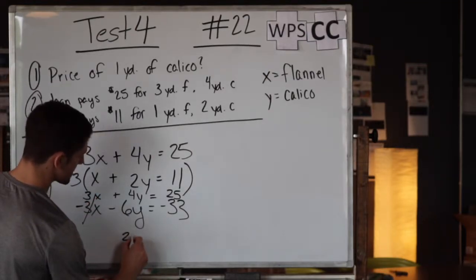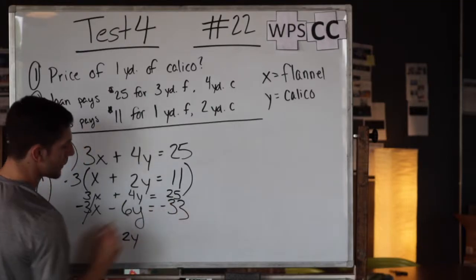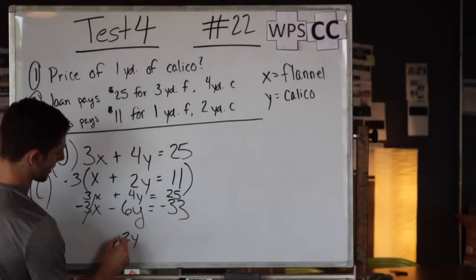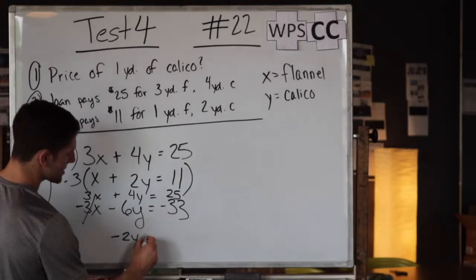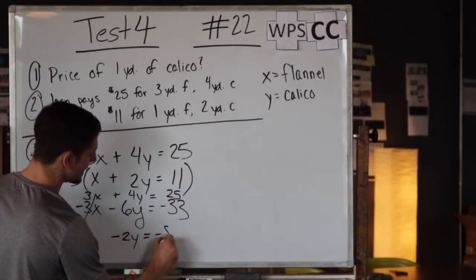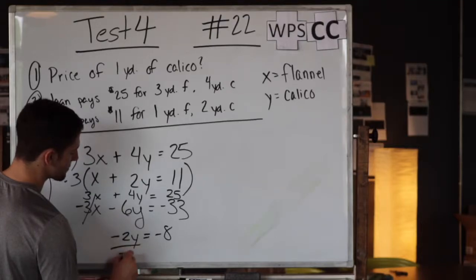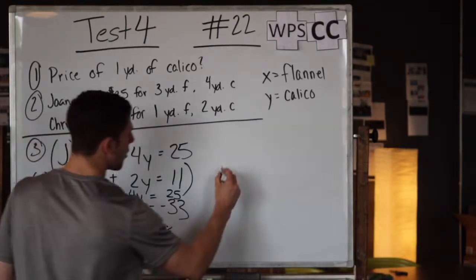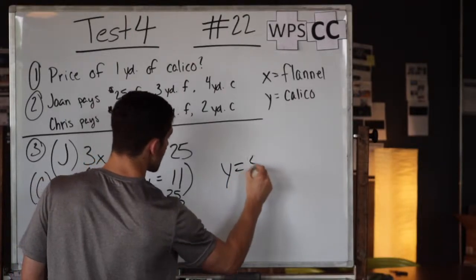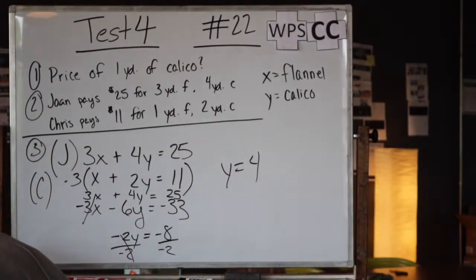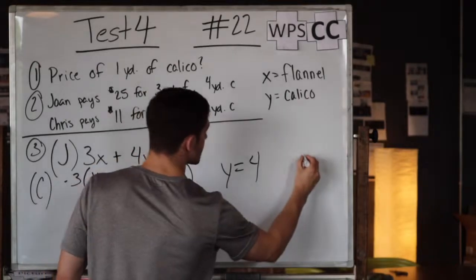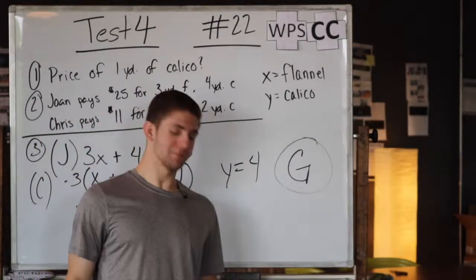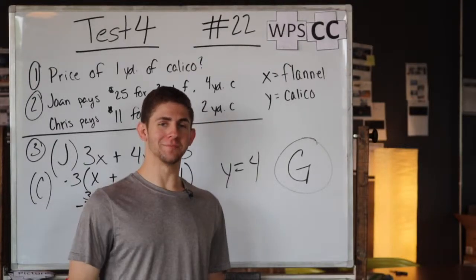This now becomes -2y when you add these two together. You add these two together, this becomes -8. You can divide this by -2, that cancels that out. Divide this by -2, y equals 4, which means that your answer is G. And that is the end of the problem. You may move on.